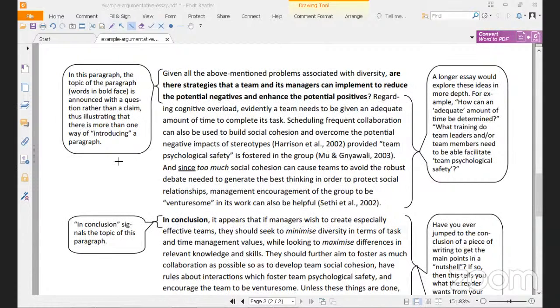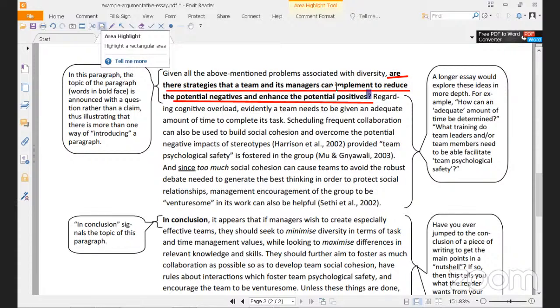Okay, I'm not gonna get into what the text is telling us, but as you read, you can identify that we are using another claim. We have another analysis, another topic sentence, and we are indicating the topic sentence in bold. In this case we have a question.